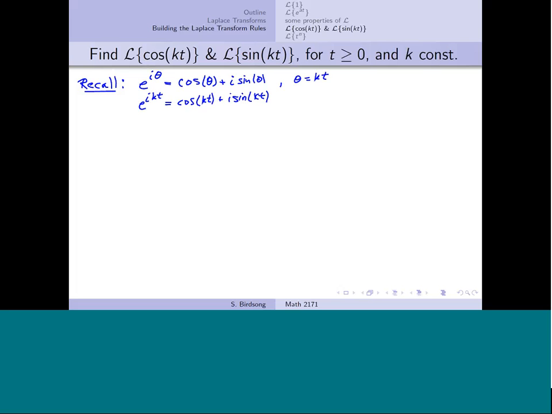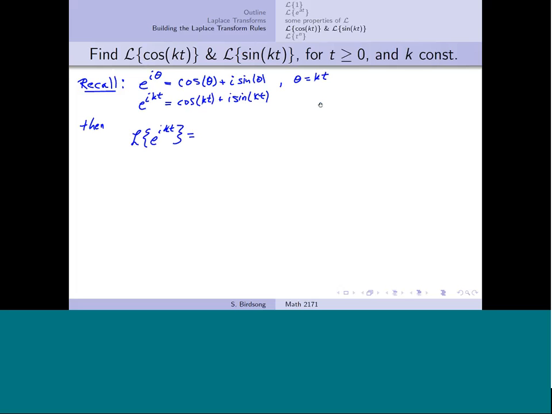Now, next we're going to use our linearity property. So what does the linearity property say? It says I can take the Laplace transform of both sides. The Laplace transform of the left-hand side is simply the Laplace transform of e to the i times kt up in the exponent.